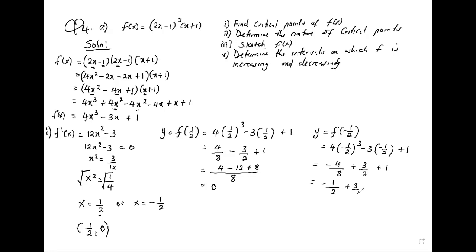If I say 2 is a common denominator here, then we have negative 1 plus 3, and then plus 2 itself. 3 plus 2 is 5, minus 1 gives 4, over 2, which is 2. So we get another point, that is minus half comma positive 2. These are the critical points.